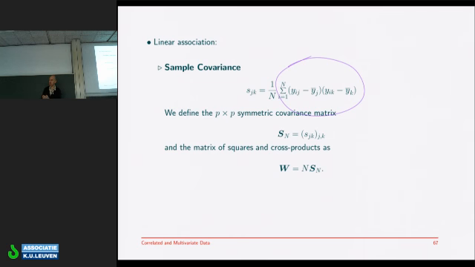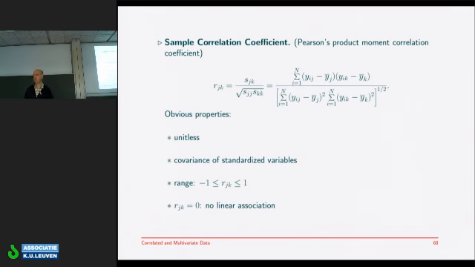So that leads to several betas in the regression course. They have variance covariance matrices, so we're already used to it there. So W will often be the matrix of sums of squares and cross products, whereas S is the variance covariance matrix.